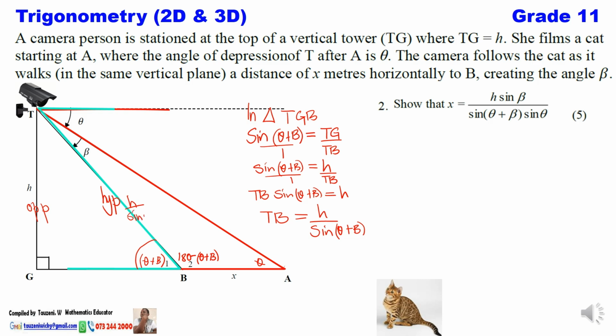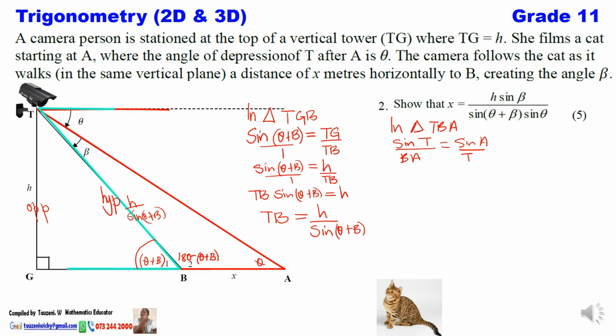Now, after that calculation, we can shift our attention and focus on triangle TBA. In triangle TBA, the sine of angle T divided by line BA is equal to the sine of angle A divided by the line TB.